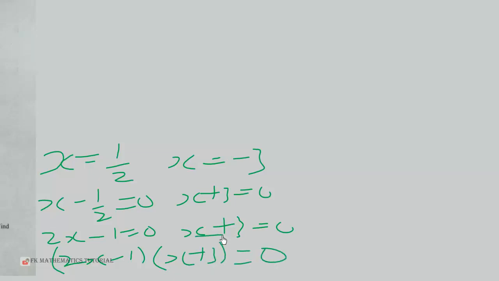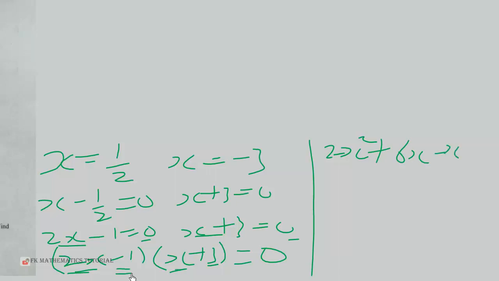So if you multiply this by this, we are going to get 2x squared. Then this and this will give us plus 6x. Then this and this will give us minus x. Then this and this will give us minus 3 is equal to 0.